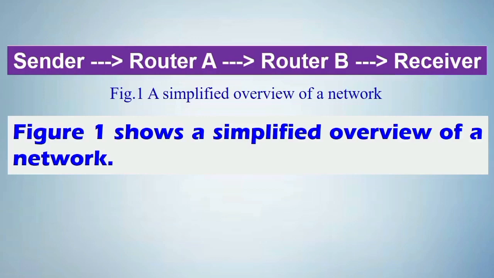And routers A and B are intermediate routers in the network path between the sender and the receiver. Routers are responsible for forwarding data packets to their destination. Also in Figure 1, the receiver is the endpoint that receives the data packets from the sender.